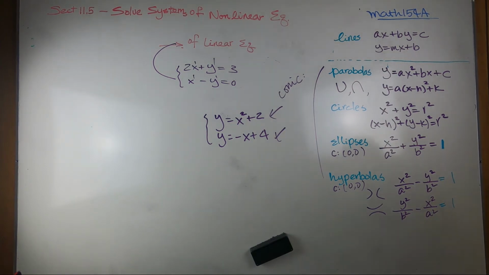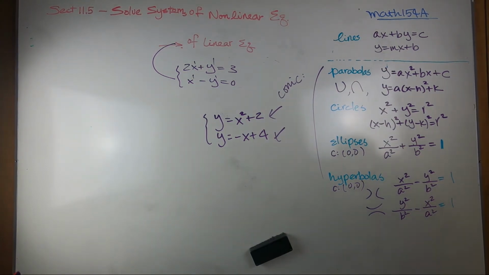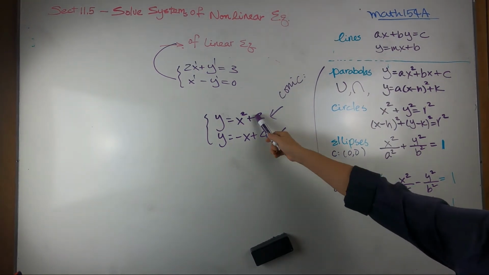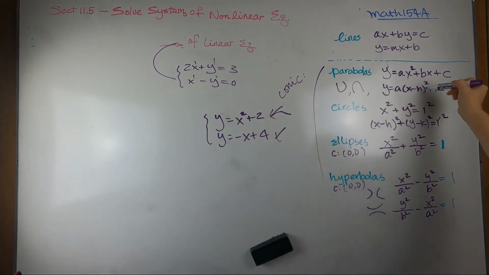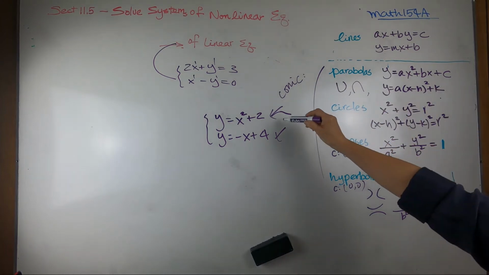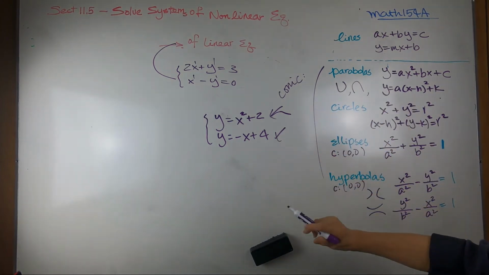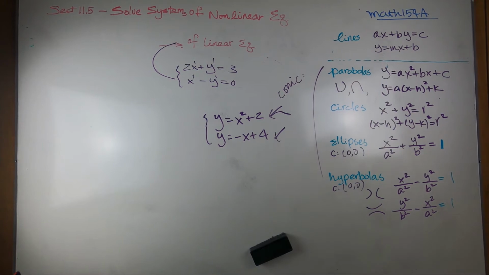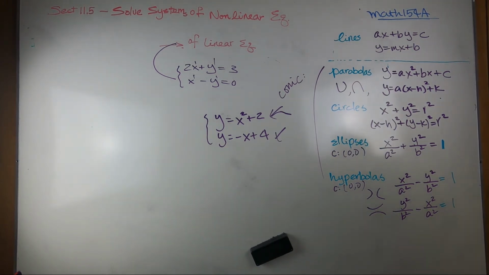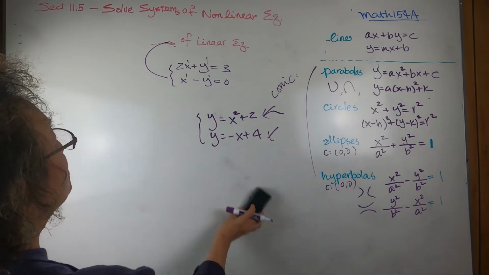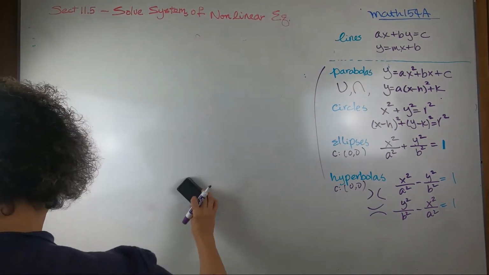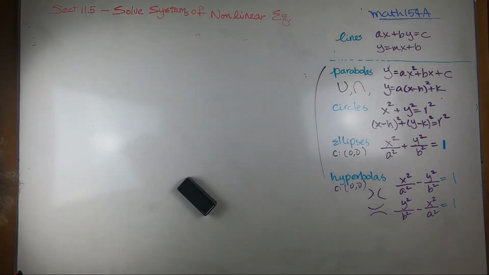Then when we have a system of equations, you have to decide what each one is. Something like x squared plus 2 would be a parabola, and another one would be a line. So we are going to learn where they meet and find the solutions.